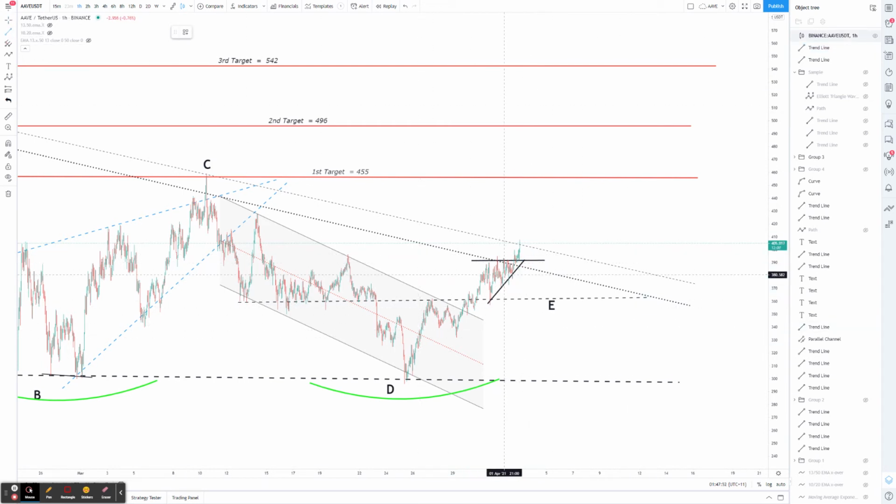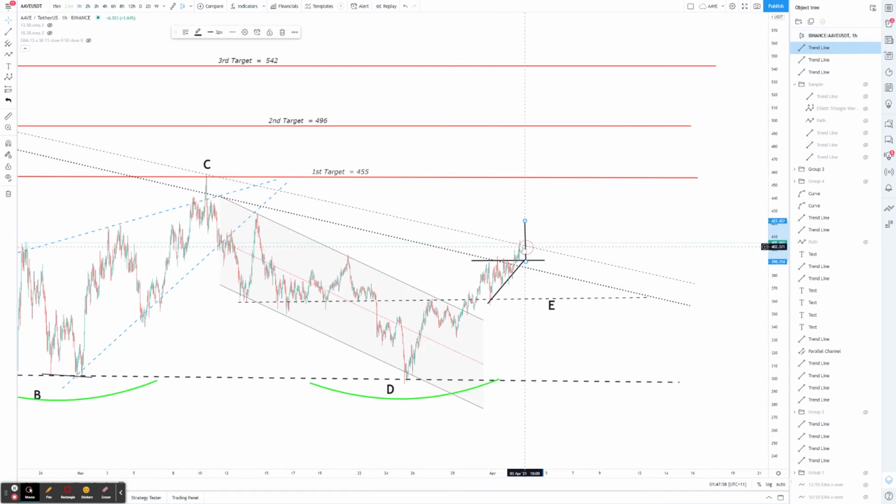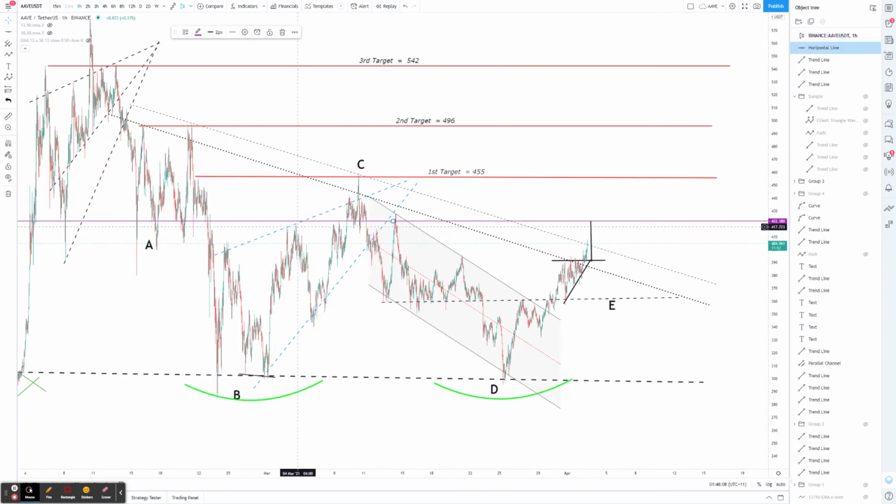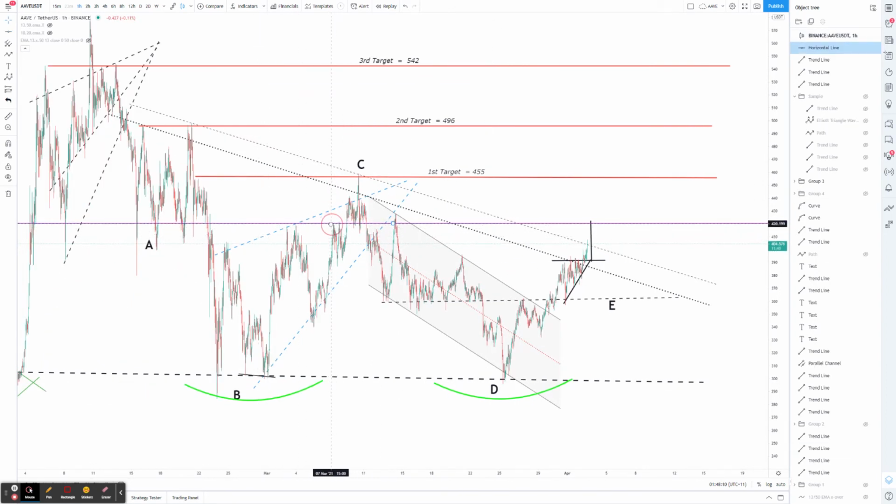Okay, that's the height of the structure, and so what we tend to do is grab the height of the structure and apply it to the breakout. So we have that point, and if we were to just find what confluence that has, you can see that. So we can pull that down just to make it more accurate.